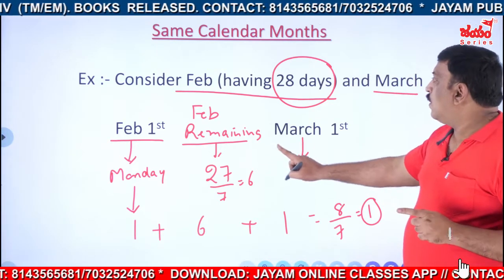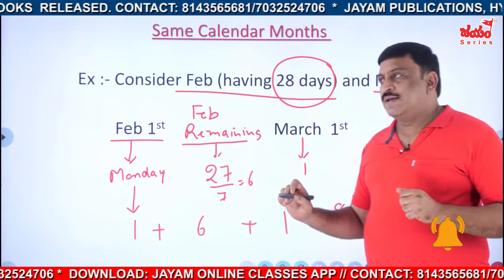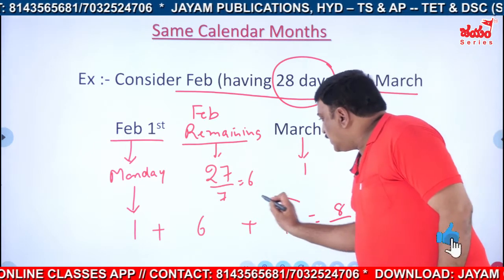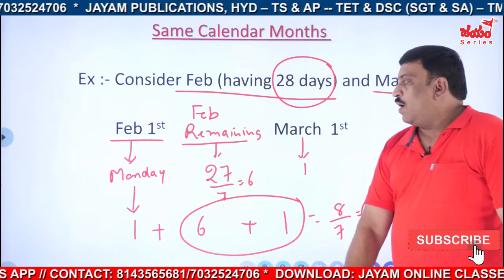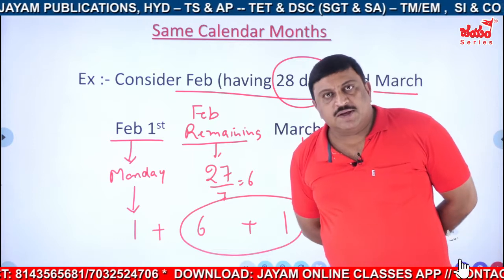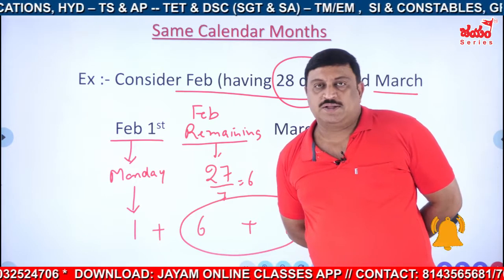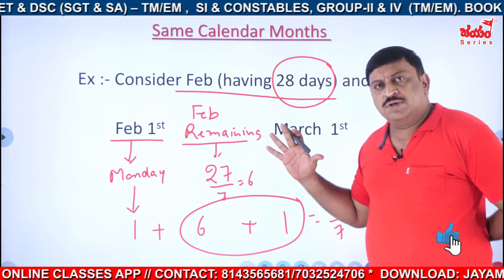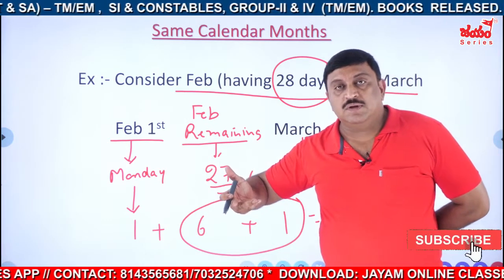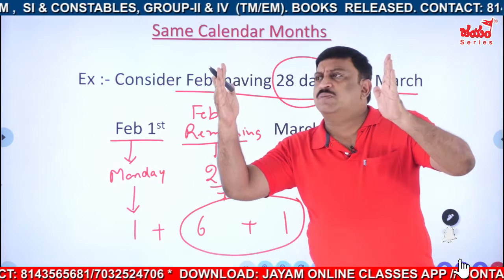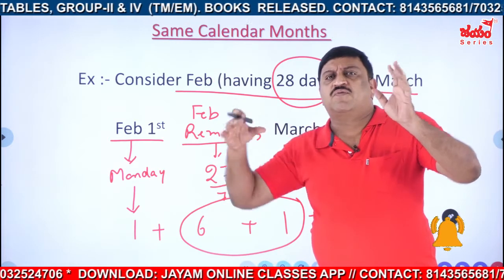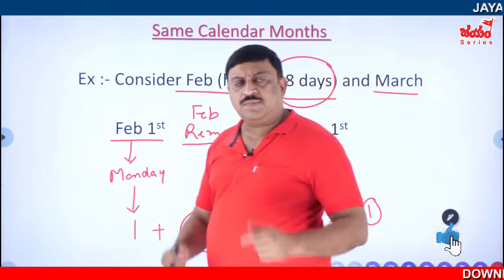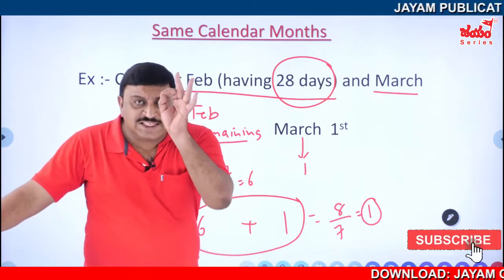So if February 1st is Monday, March 1st is also Monday. Why? Because in between the dates we got odd days as 7, that is nothing but 0. So in between any two dates, if you get odd days as 0, a multiple of 7, definitely both are the same day.